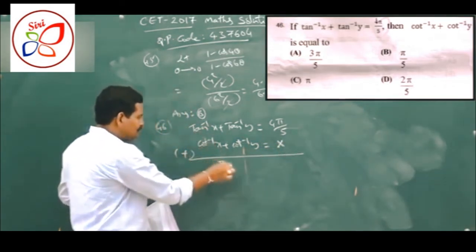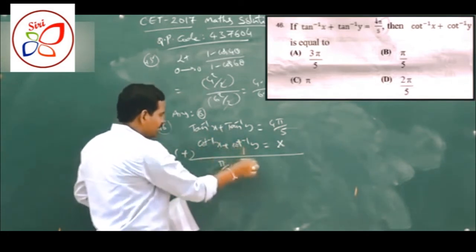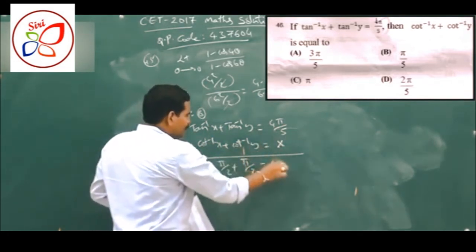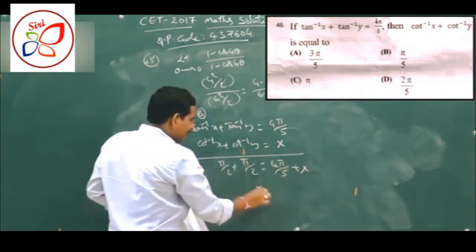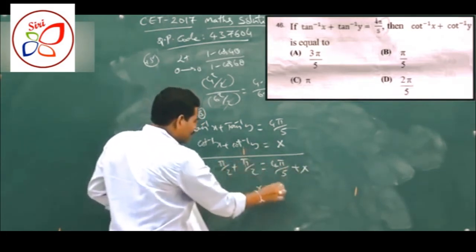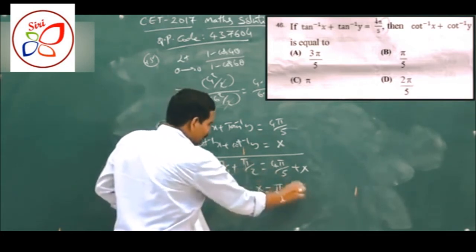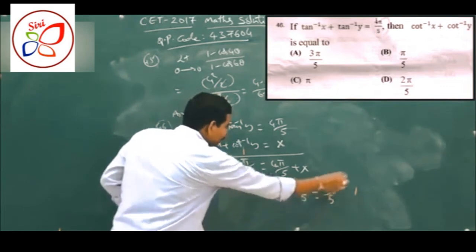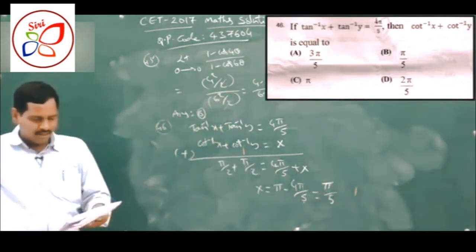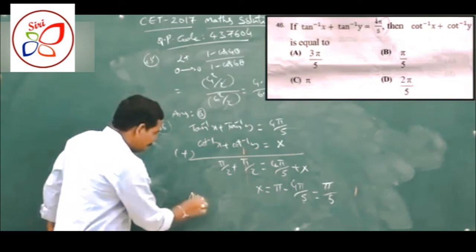The sum of these two is pi by 2 and these two is pi by 2. Here 4 pi by 5 plus required x. So required x is equal to pi by 2 plus pi by 2, that is pi, minus 4 pi by 5. LCM is 5. 5 pi minus 4 pi is pi, pi by 5, which is given in option B.